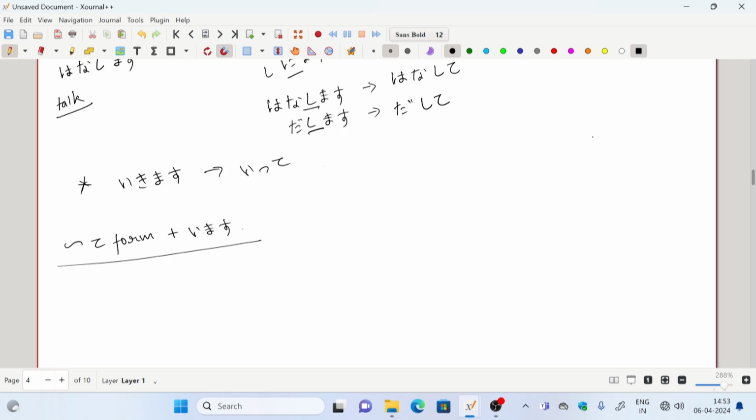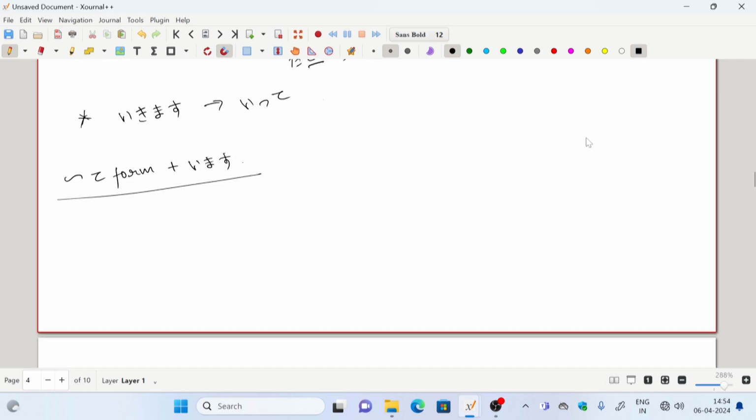So if we say konogoro means these days. Okay, so there also we'll use te form of the verb. So when there is some trend, we use te form plus imas.